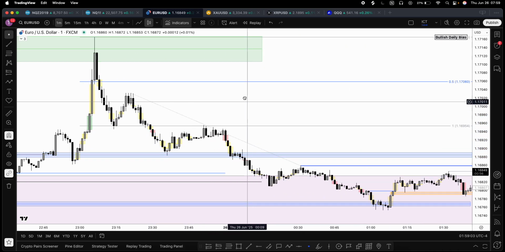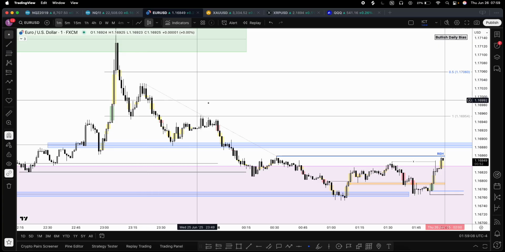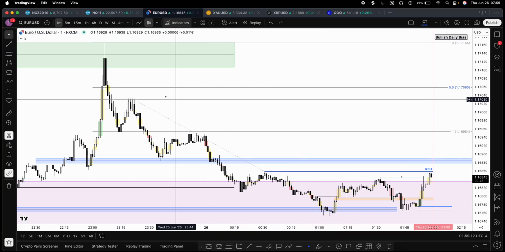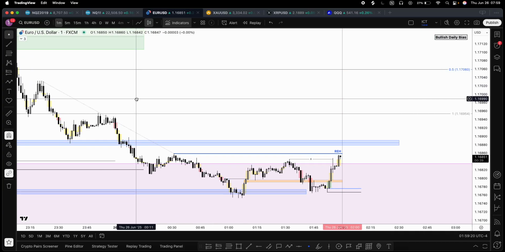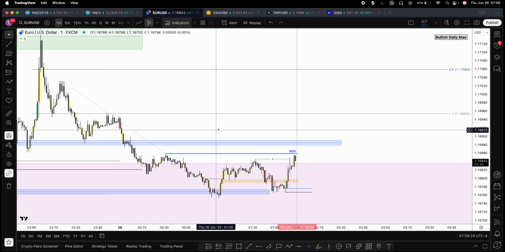So that indicates to me that we have low resistance liquidity above this high. So price may want to come up and sweep this high, potentially. But it is a 1 minute trend line, so it's less significant.